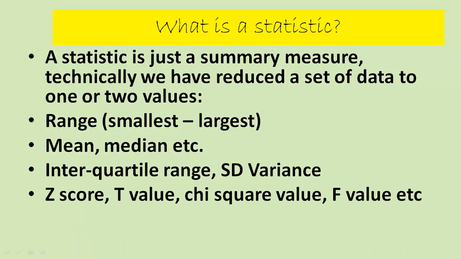We also looked at various transformations of our original values to produce z-scores, t-values, chi-square values and f-values. Finally, we had looked at the p-value, and the p-value is just another statistic. But before we go back looking directly at the p-value, let's take a quick look at the t-value again.